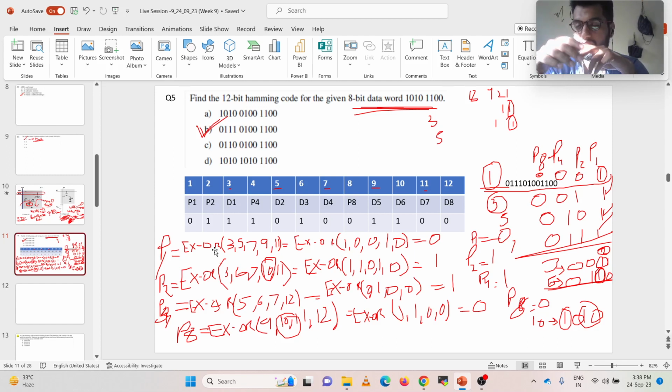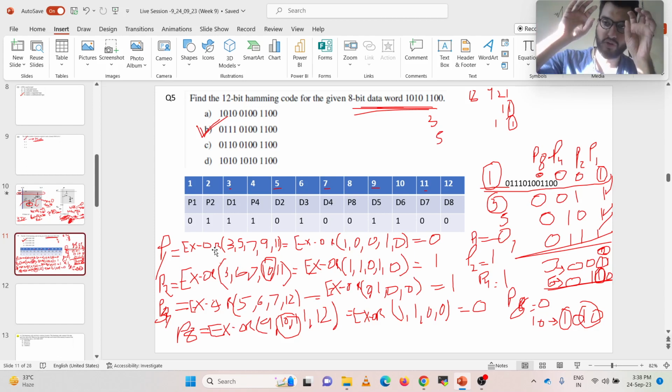In decimal, 6 is 4 plus 2, so 4 will be there and 2 will also be there. So while finding P4, I am also taking 6, and while finding P2, I am also taking this 6 bit.